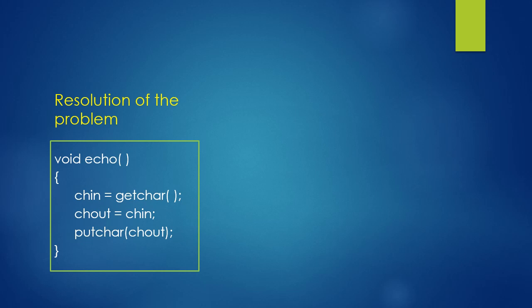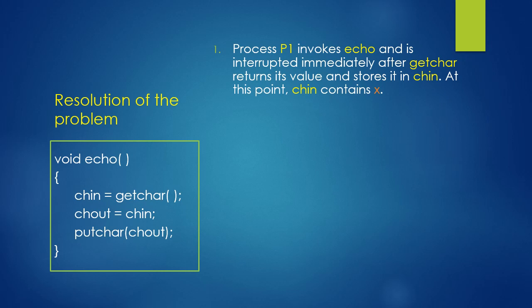Suppose that we permit only one process at a time to be in the function echo. Then the same sequence goes like this. Process P1 invokes the echo procedure and it is interrupted immediately after getChar returns its value and stores it in ch_in.